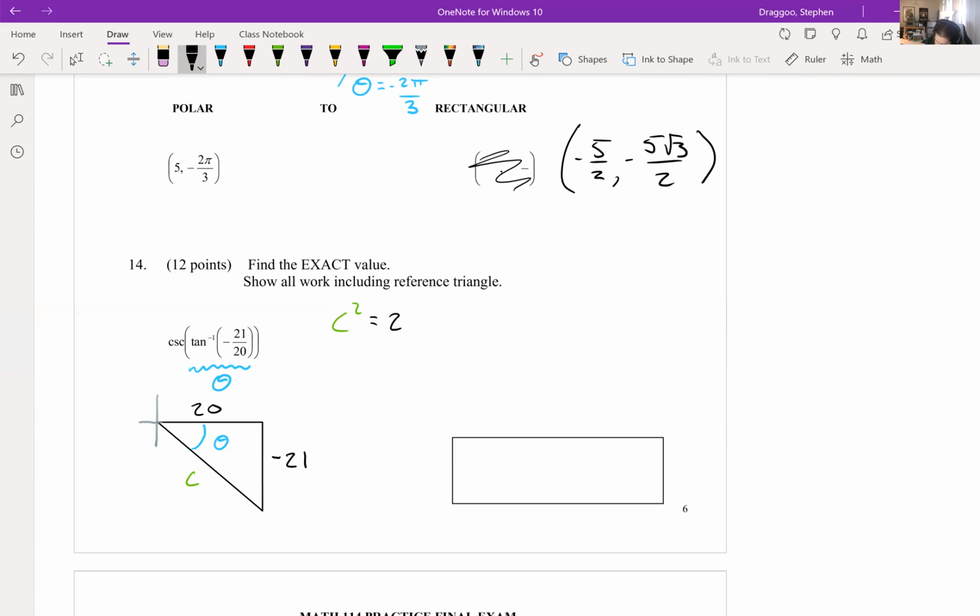So c squared will be equal to 20 squared plus 21 squared, meaning c is the square root of that mess. Oh, 29.